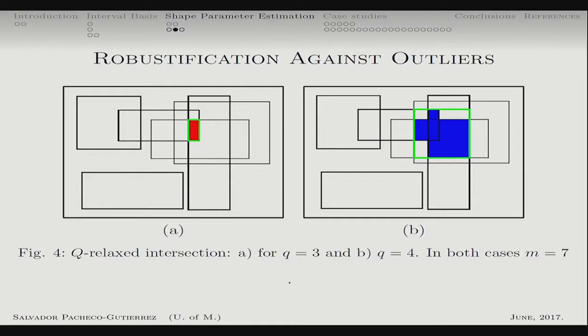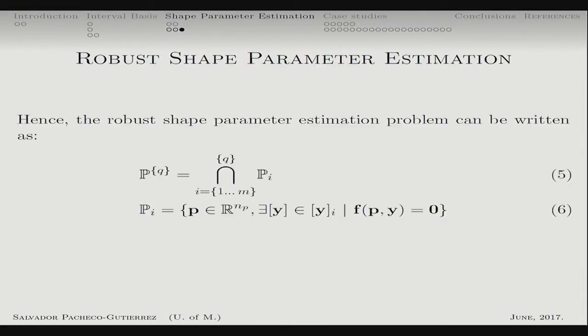So having that, the equation that I showed you before for the detection of shapes can be represented in this form using the Q-relaxation. Okay.